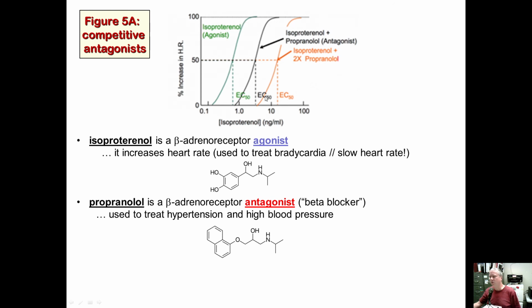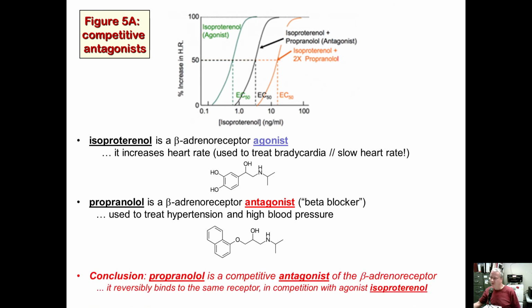It's just you would need more of the agonist. Okay, hopefully that makes sense. Nice example of a competitive antagonist. So conclusion, propranolol is a competitive antagonist of the beta-adrenoreceptor. It reversibly binds to the same receptor in competition with the agonist, which is isoproterenol.